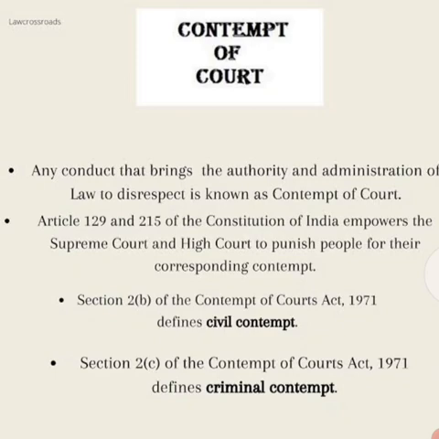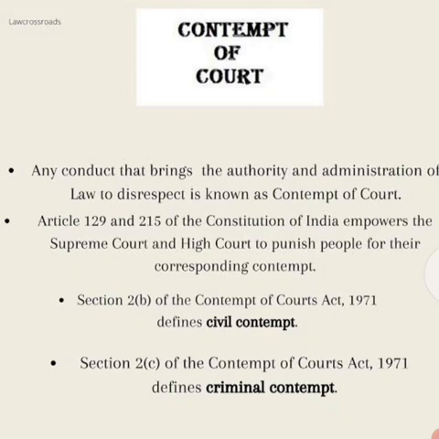Now, we will discuss what defenses are available if contempt has been imposed on any person. In civil contempt cases, the person can take certain defenses. First, the disobedience was not willful.